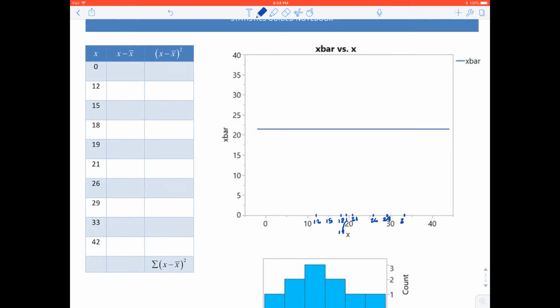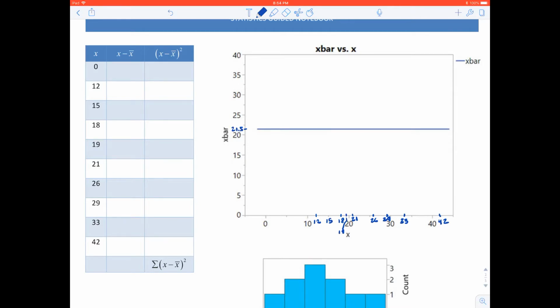And what I'm going to do here: this line right here, the blue line above, is just a graph of a horizontal line, which represents the mean x bar. So this here is at 21.5.